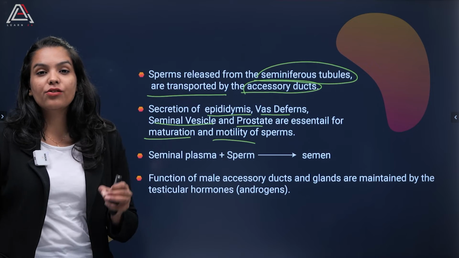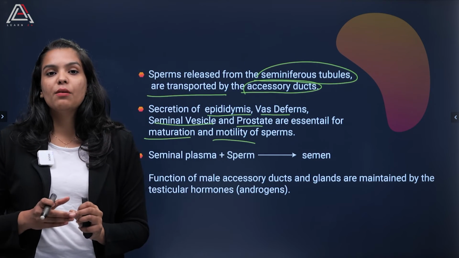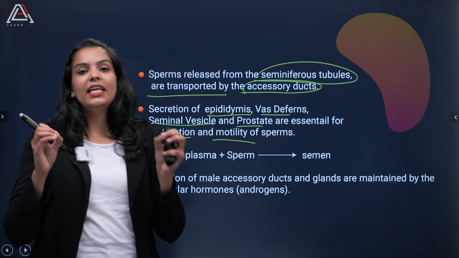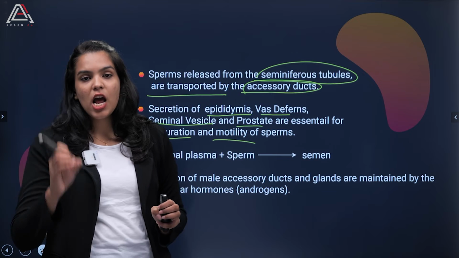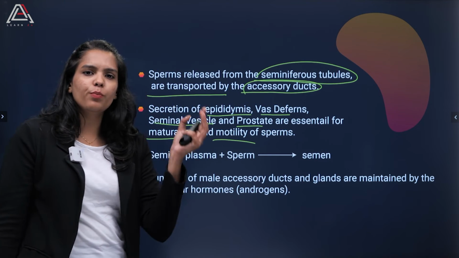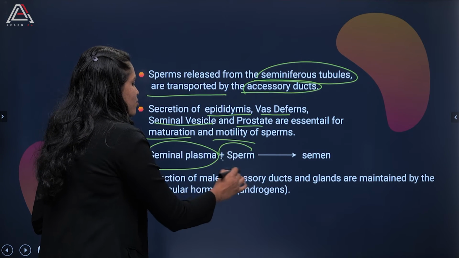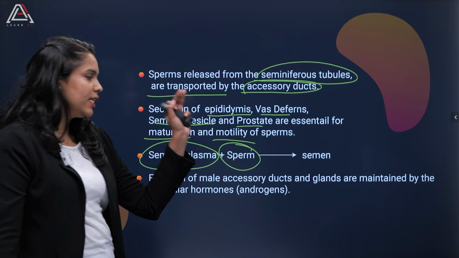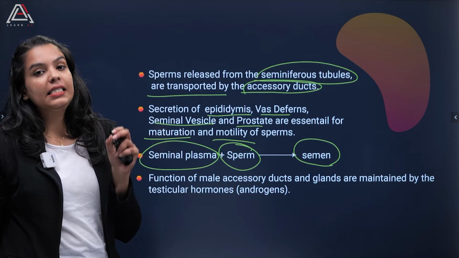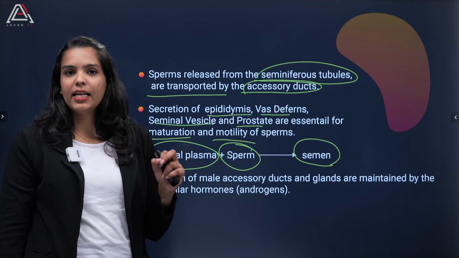Now, when the seminal plasma and sperm mix together, it makes the semen. So semen consists of seminal plasma, along with the sperms in it.